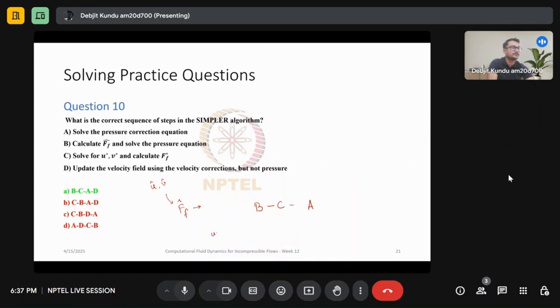We only find u prime and v prime and not p prime, because the pressure we will solve from the pressure equation in the next step using the updated velocities.